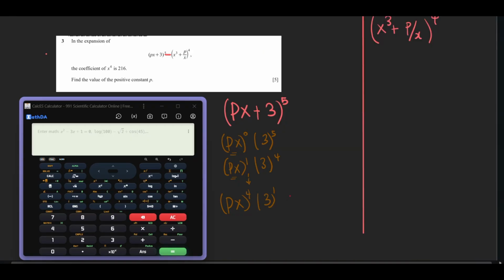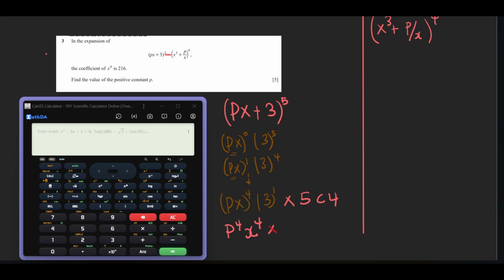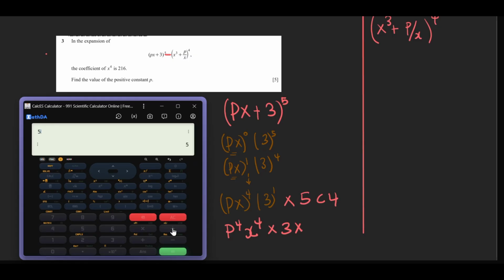So remember, because it's an expansion, we also need to do the combination, where the total is 5. So 5 combination 4. Now, this will be p to the power 4, x to the power 4, times 3 times 5 combination 4. Let's see what 5 combination 4 is real quick. 5 combination 4 is 5.